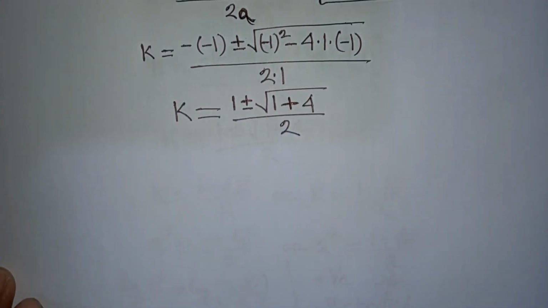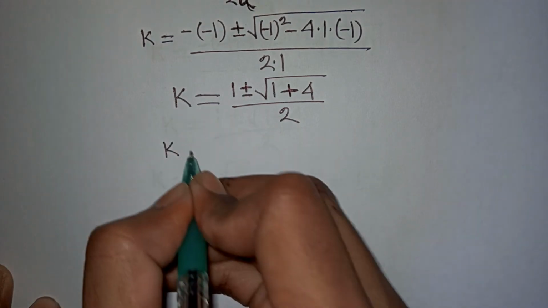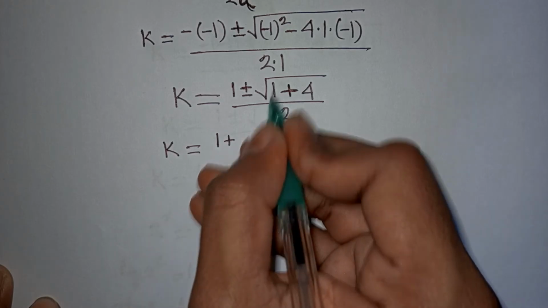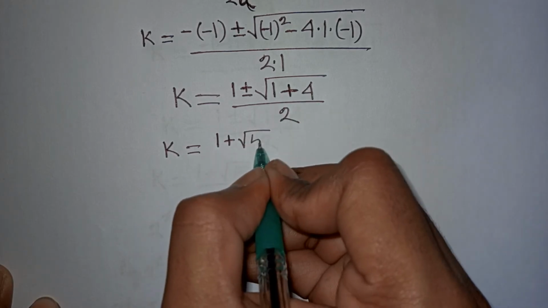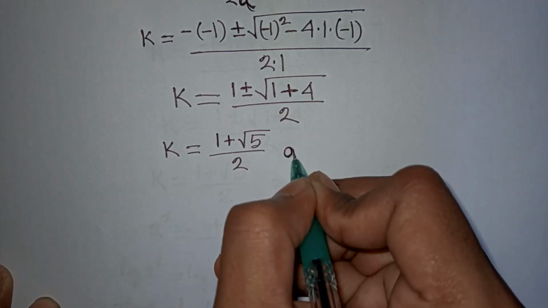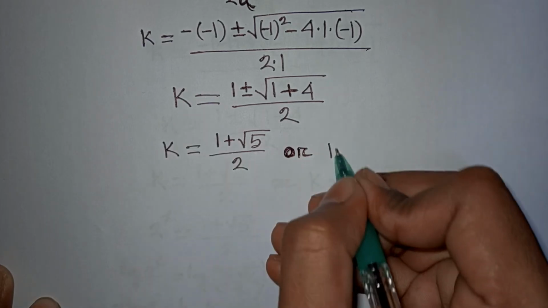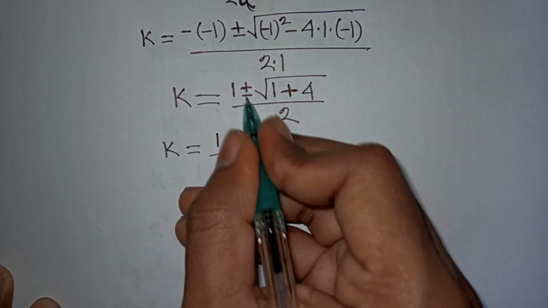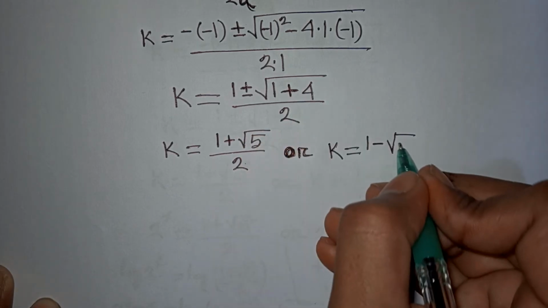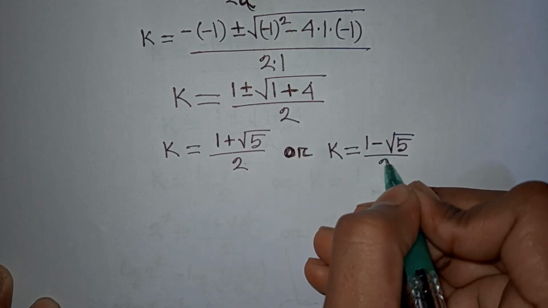Now, we see here two cases. So, you can write k is equal to (1 plus square root of 1 plus 4, that means 5) divided by 2, or k is equal to (1 minus square root of 1 plus 4, that means 5) divided by 2.